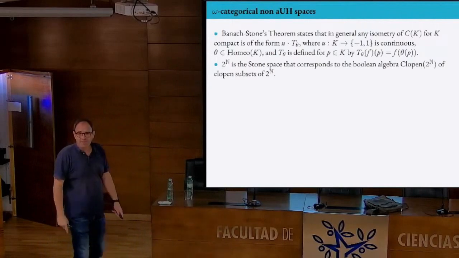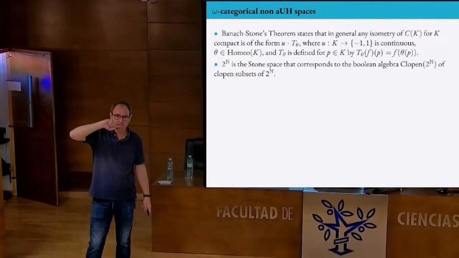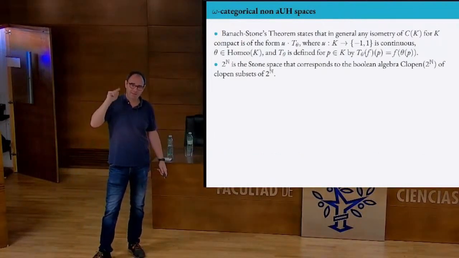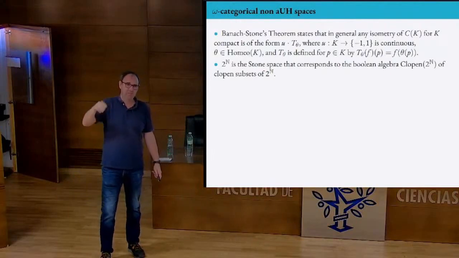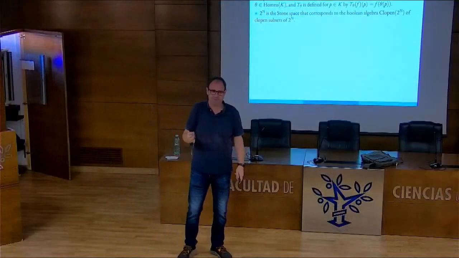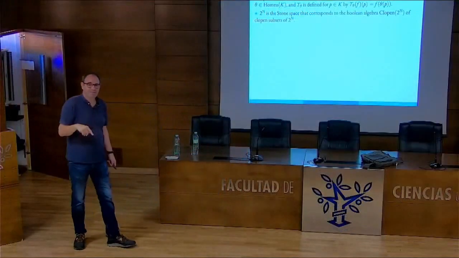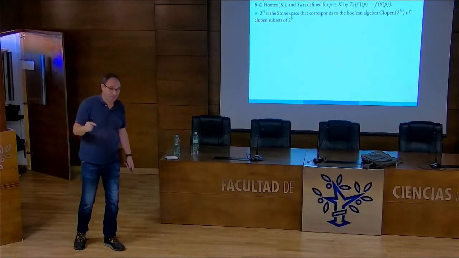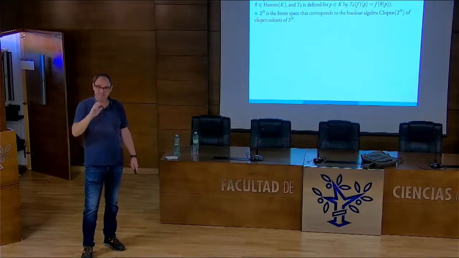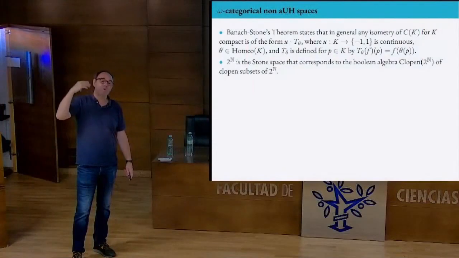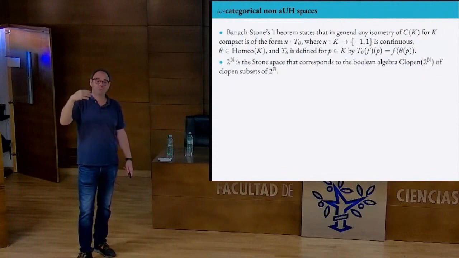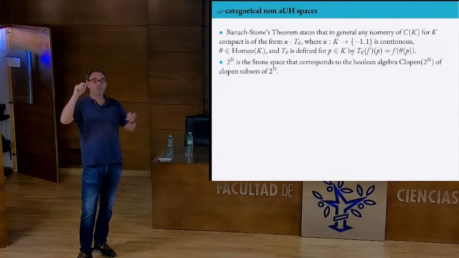Homeomorphisms of K. If K is 2 to the n, 2 to the n is the Stone space of the countable atomless Boolean algebra. So these clopens of the dyadic intervals, whatever you want to say, it's the same. And this structure is ultrahomogeneous, has a lot of automorphisms. So there are a lot of homeomorphisms, excuse me, very first of all, and then isometries, those which you are going to use to move one thing to another thing.